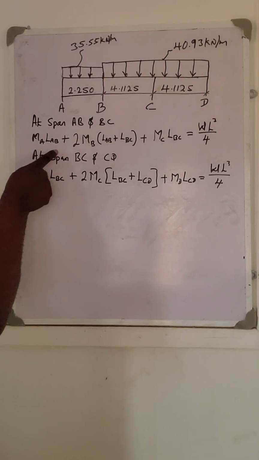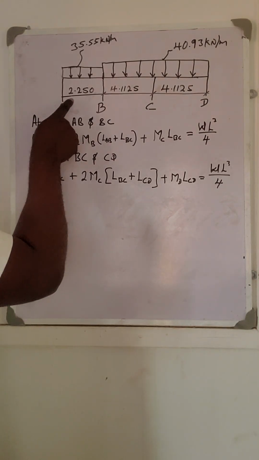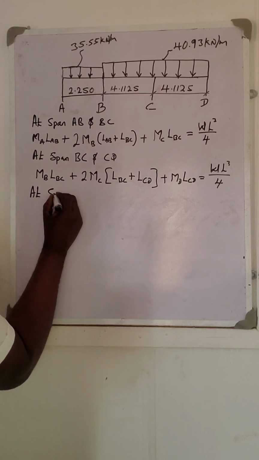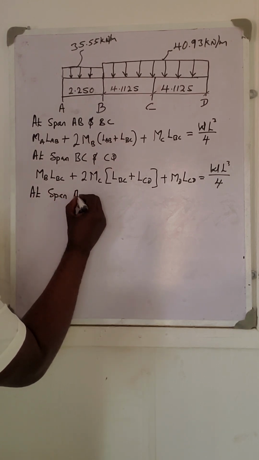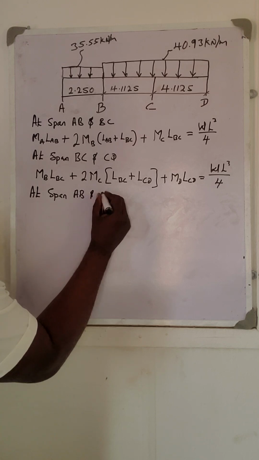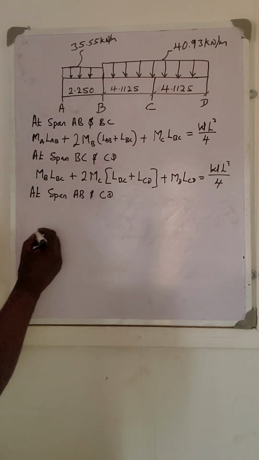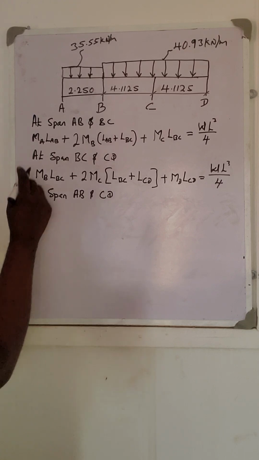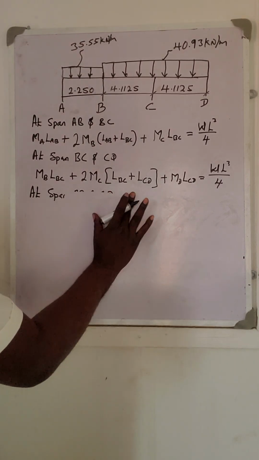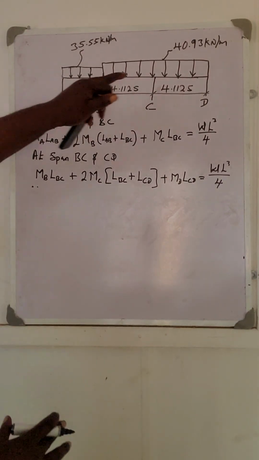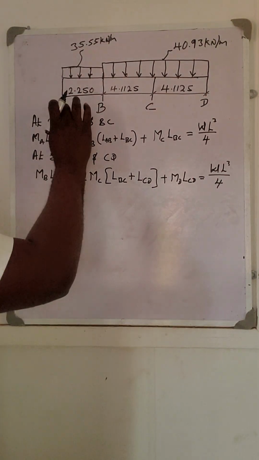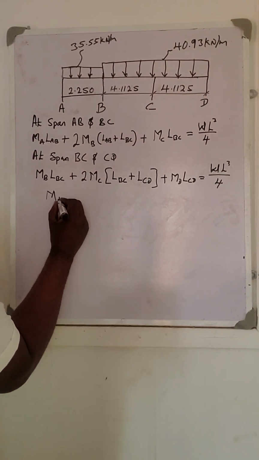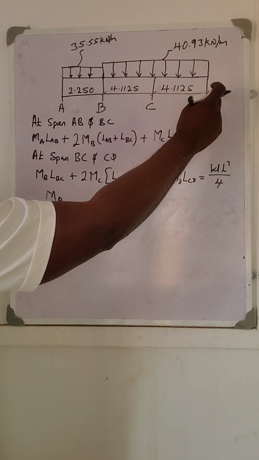Now we move to span AB and CD. The three moment equation will now be, at the outer supports, MA is equal to 0 and MD is equal to 0.